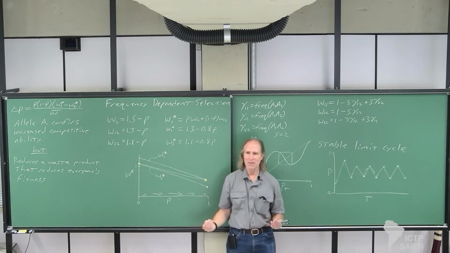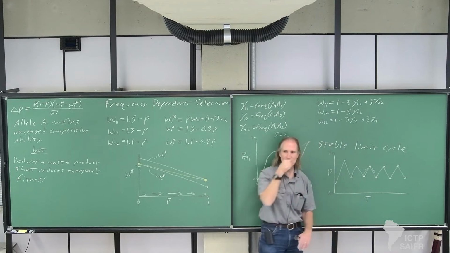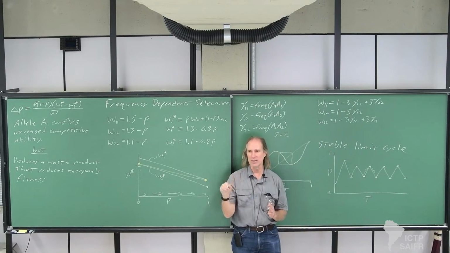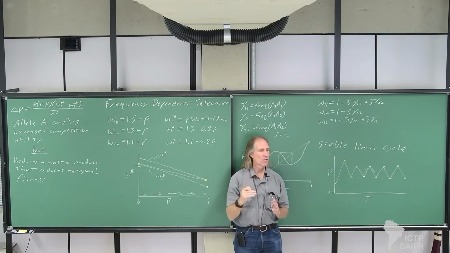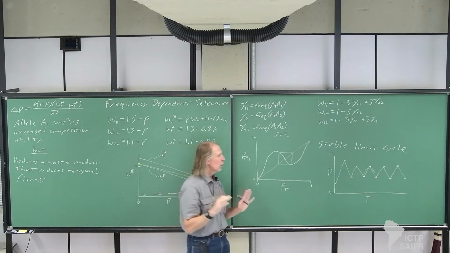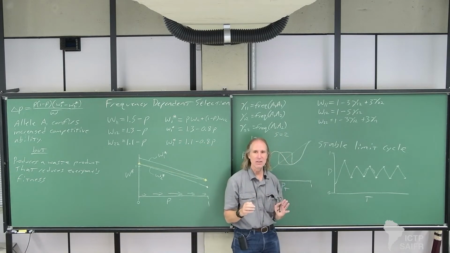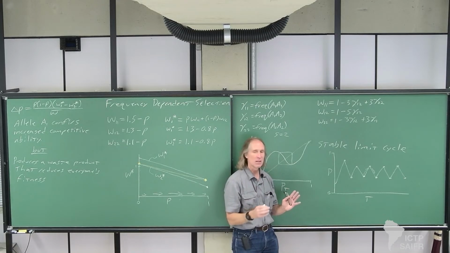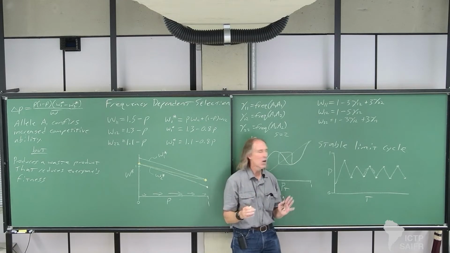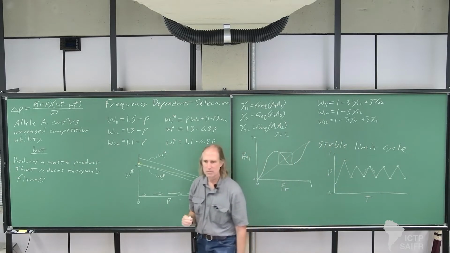But you can't do that, because that function must have the same value here and here. So it can't keep increasing and take you back and forth like this. No gradient function like that, no potential function, no fitness generating function in evolutionary game theory could generate this dynamic of a stable limit cycle.